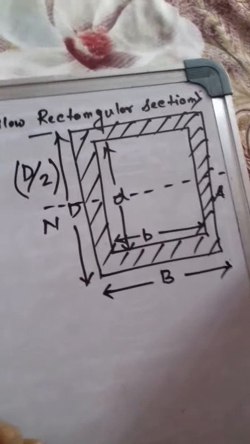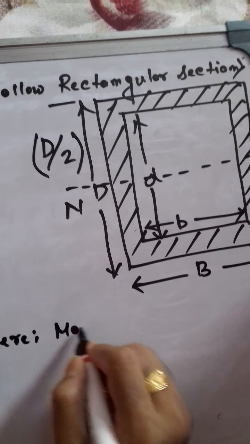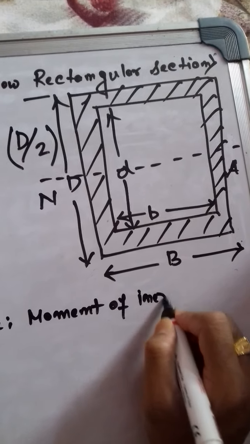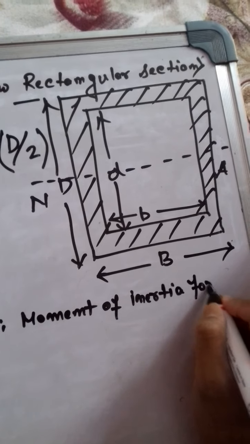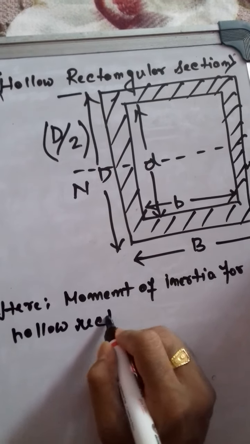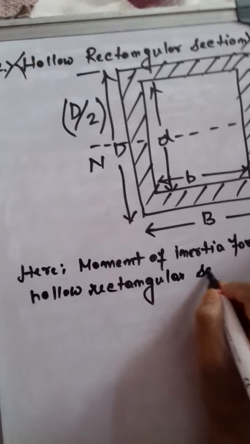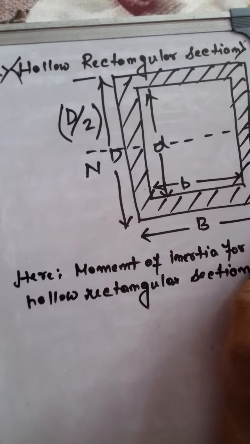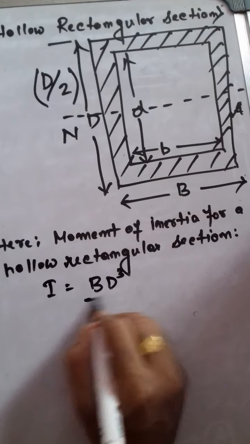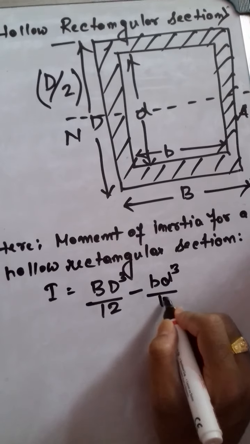Okay, so here we know that the moment of inertia for a hollow rectangular section is given by, I hope all of you know the formula, BD cube divided by 12 minus bd cube divided by 12.